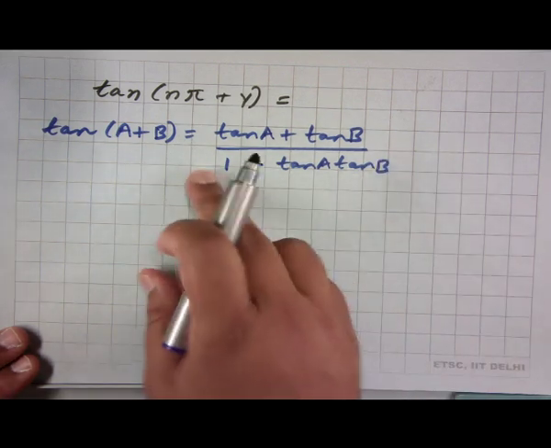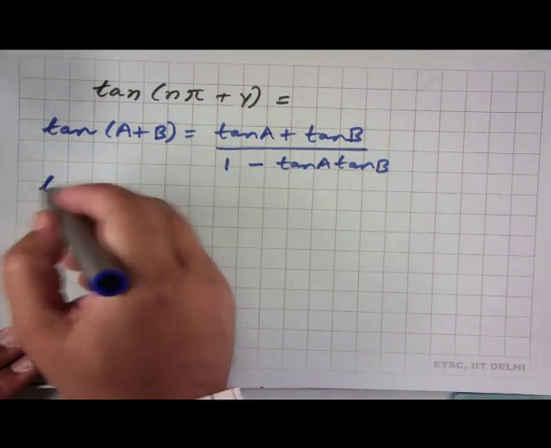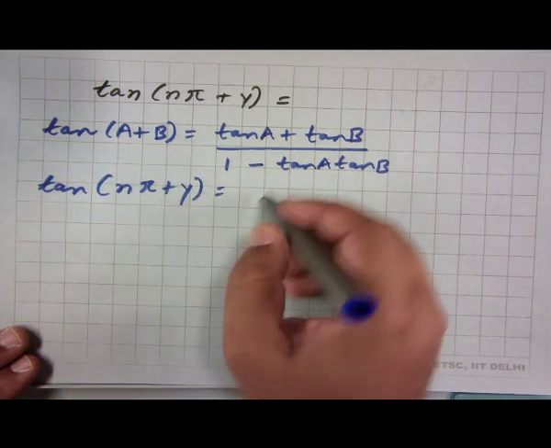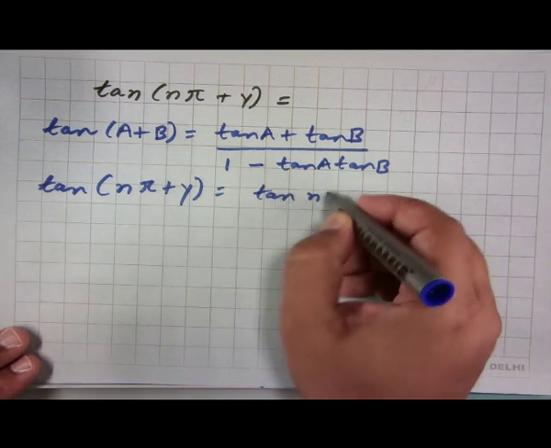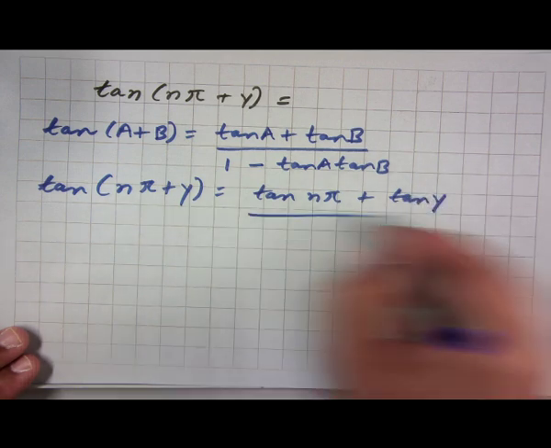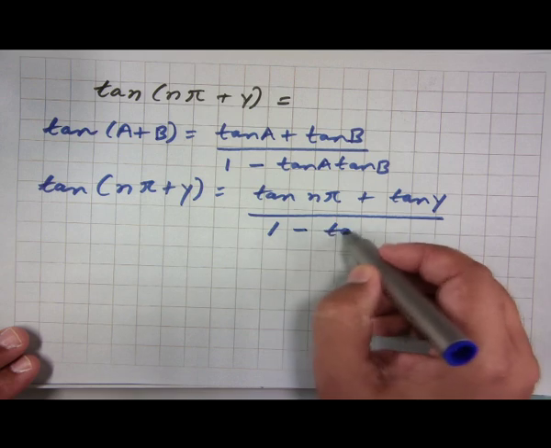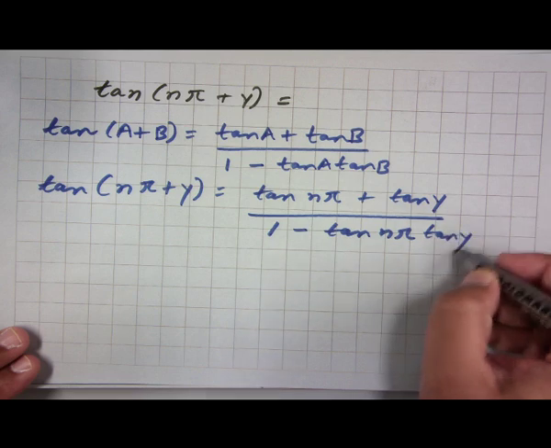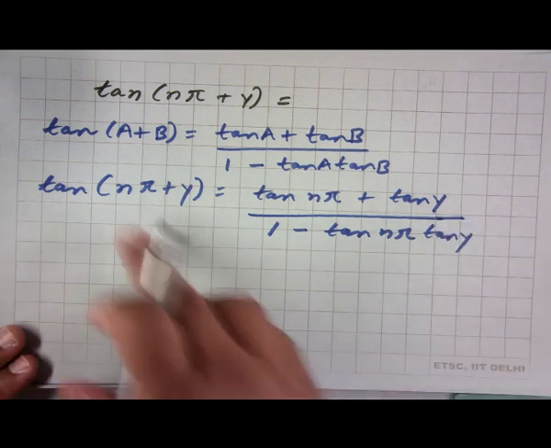So, using that, here we get tan of (n pi plus y) equals (tan of n pi plus tan of y) upon (1 minus tan of n pi times tan of y). Here n could be any integer.